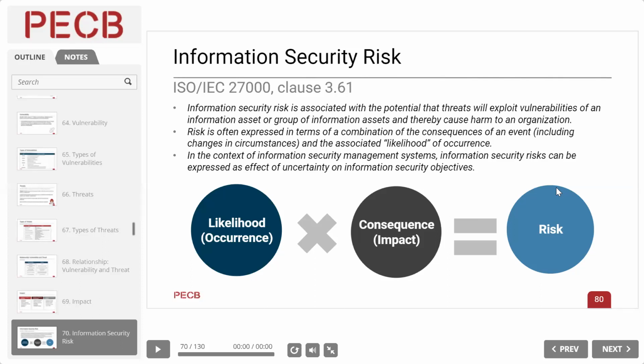Likelihood can be translated as probability. How likely is this event? Can this event happen? So when we are looking at the threats and the vulnerabilities, how likely is it that the threat will exploit the vulnerability, and what will be the impact? That is how we determine risk.